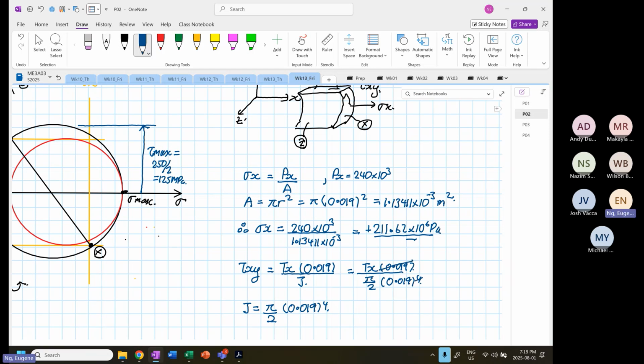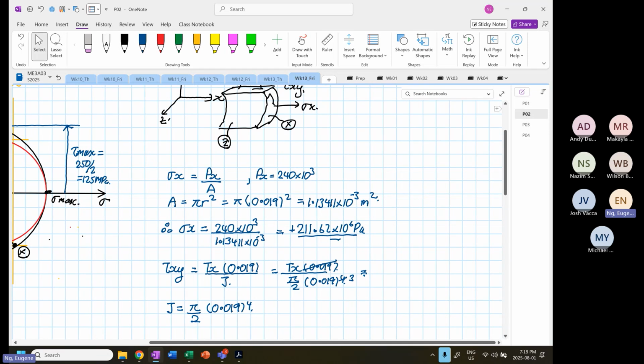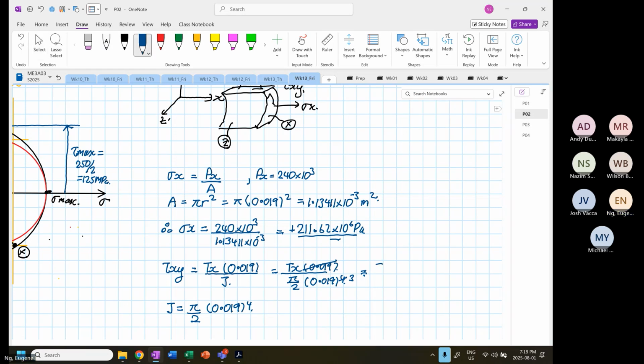You can cancel this, you can cancel this, this is 3 cubed. So this will be equal to 2 divided by pi divided by 0.019 power 3 is equal to Tx multiplied by 92.815 times 10 to the power 3.